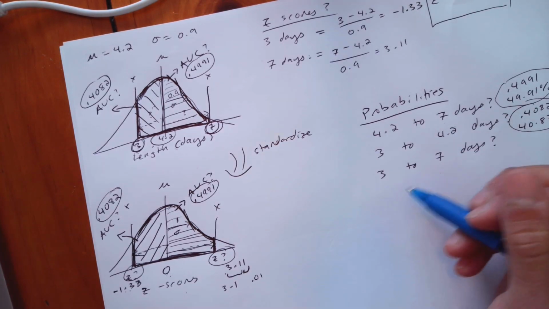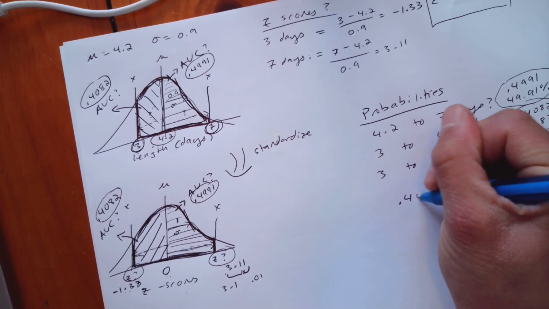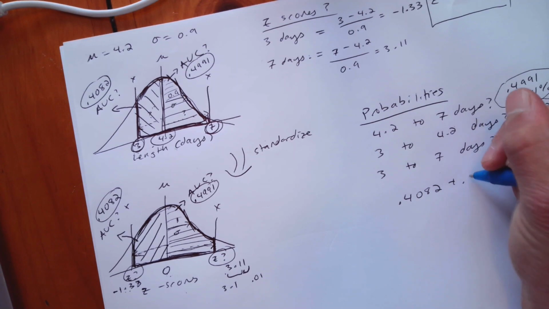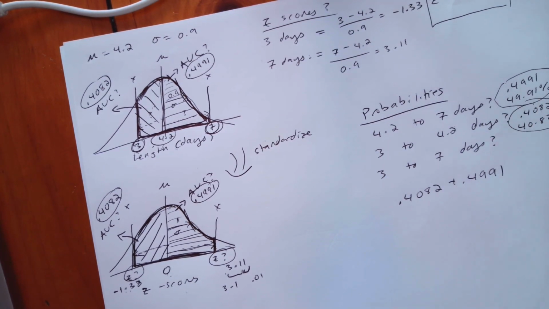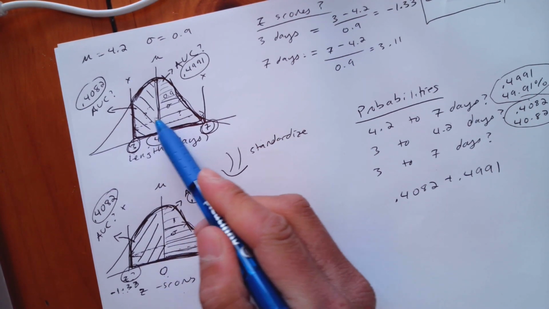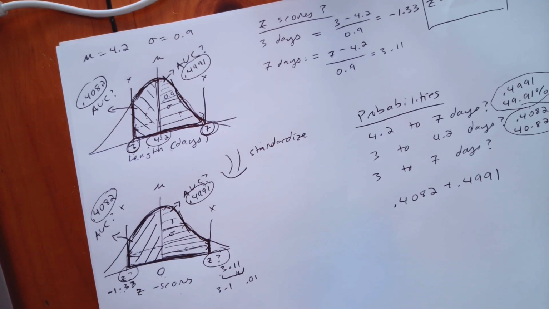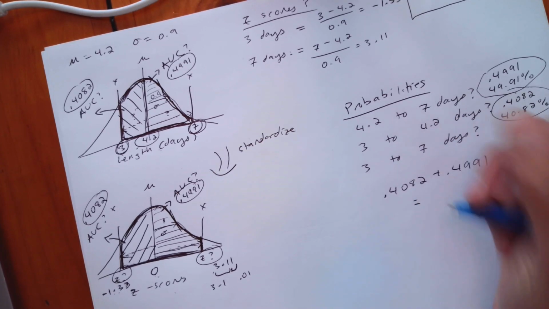So to find out this total area, we're going to add 0.4082 and 0.4991. Again, where we're looking at this area and this area, we want to know the total area here under the curve. So we're going to add them together to get our answer.